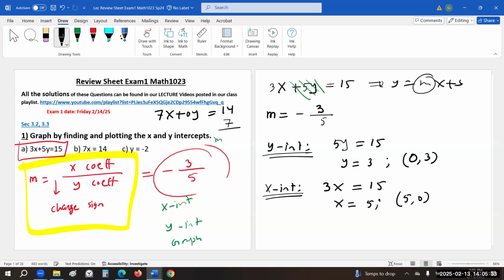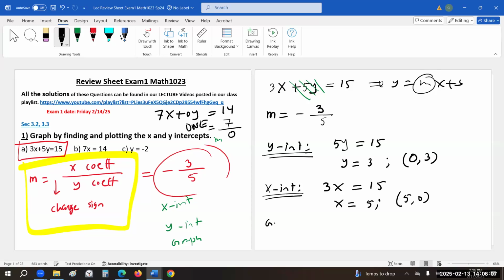The x coefficient is 7, the y coefficient is 0. Can you divide 7 into 0 pieces? It's not possible. So the slope is undefined. Anytime you cannot do something, it doesn't exist, so the slope doesn't exist. Doesn't exist means it's undefined.